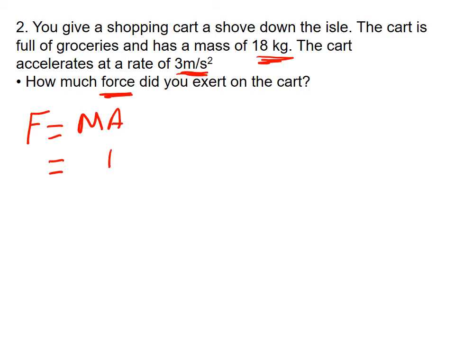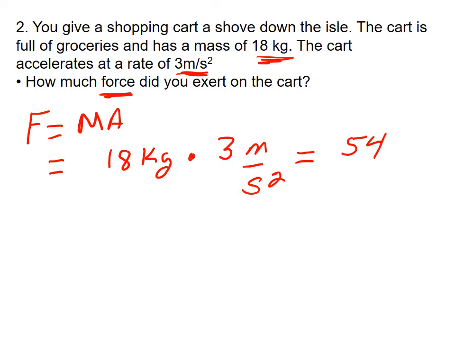The mass is 18 kilograms times the acceleration of 3 meters per second squared. 18 times 3 is 54. The units, once again, a kilogram and a meter per second squared come out to be a Newton. And then, of course, to finish this, you must put your answer in a box.